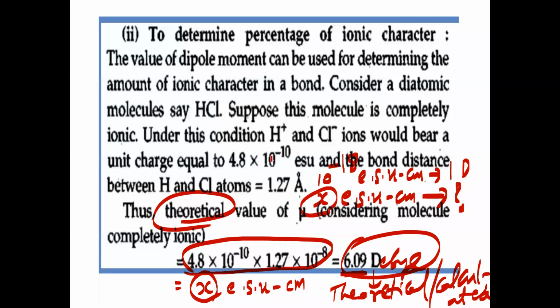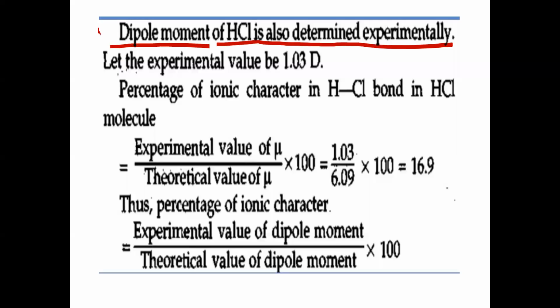When HCl is considered 100% ionic, whatever dipole moment we get will be taken as the theoretical dipole moment, or calculated dipole moment. Is that clear?